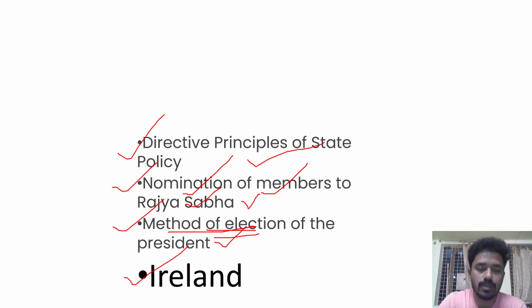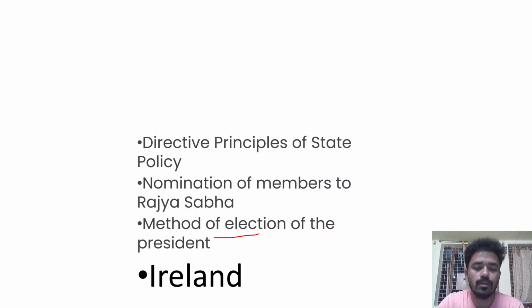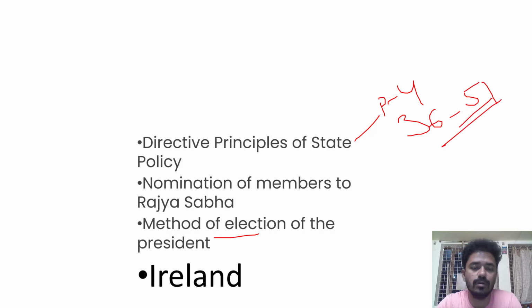Okay, friends, here the directive principles of state policy are mentioned in part 4, article 36 to article 51. And next one, the president can nominate 12 members to Rajya Sabha.